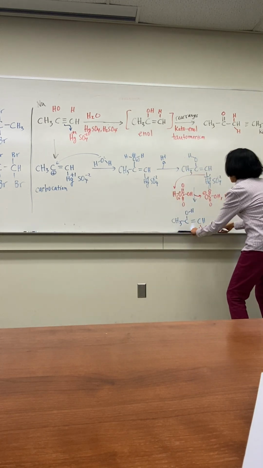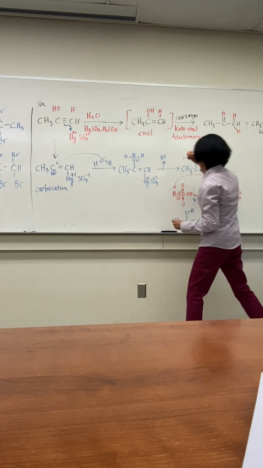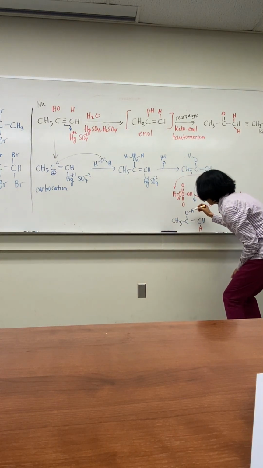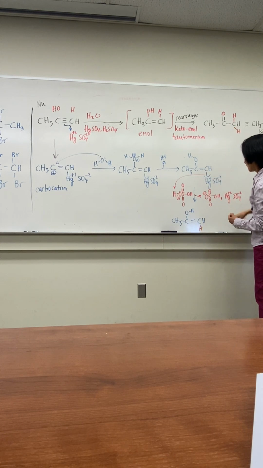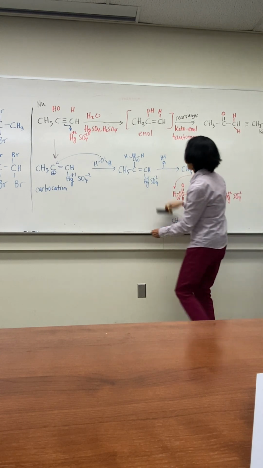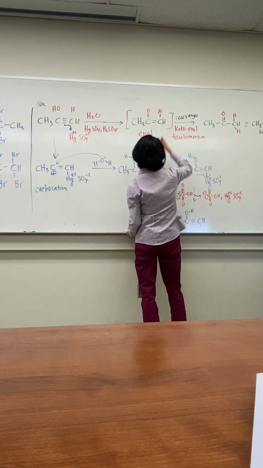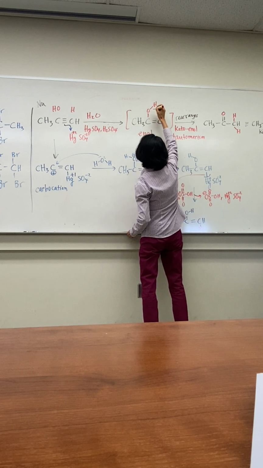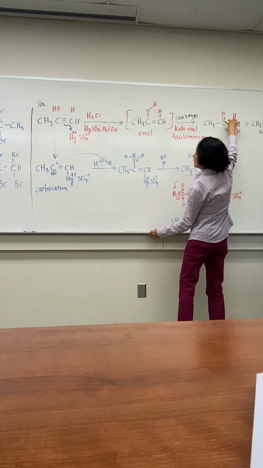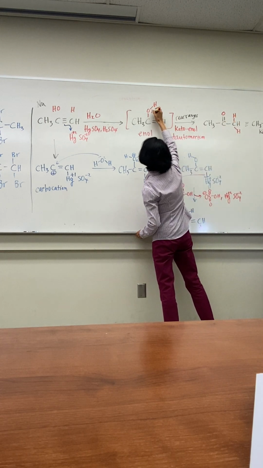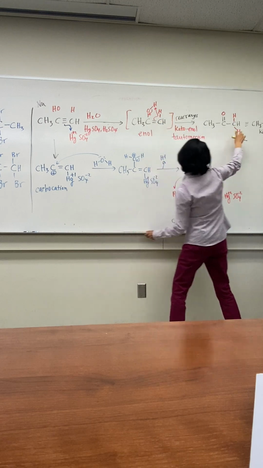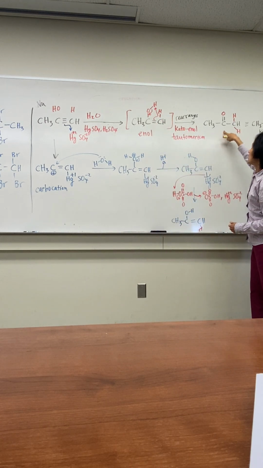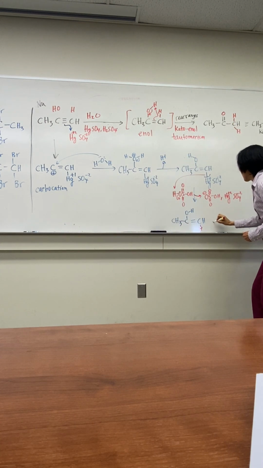So again, how do you do that? So from this structure, you're gonna go like this to make a double bond, okay? So the same structure that I wrote in here, so it's like this. Because you're making a double bond, you're gonna shift it here, and then pick this up, and then you have the CH3, and then C double bond now. So actually, this is the same as this.